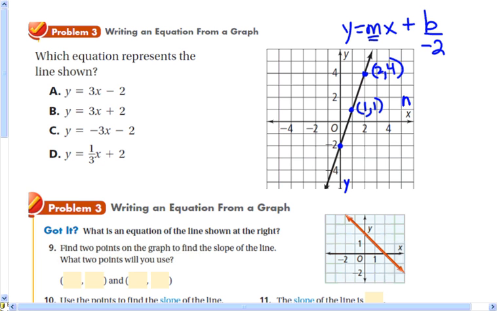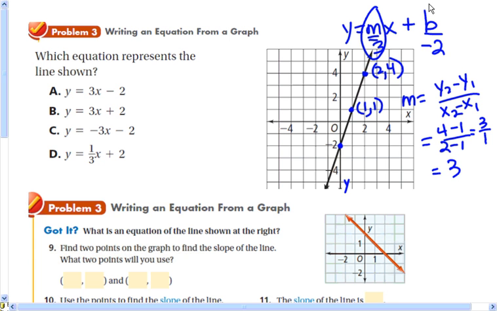The slope formula is subtract your y values, subtract your x values, and divide them. So my y values are 4 and 1. My x values are 2 and 1. And 4 minus 1 is 3. 2 minus 1 is 1. 3 divided by 1 equals 3. That's my m.